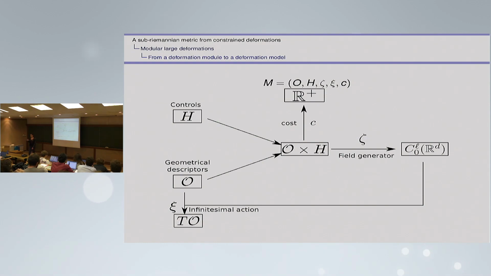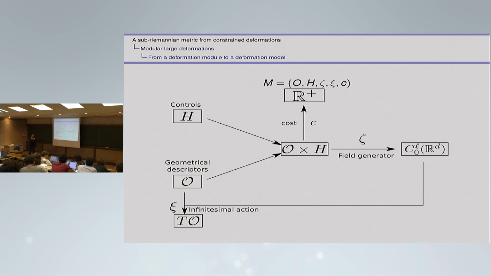If we want to build large deformations with deformation modules, we will consider trajectories of vector fields that can be generated by the field generator. So we suppose that we have a deformation module and we want to build modular large deformations. We do not have to specify now the trajectory of vector fields that we want to follow, but we have to specify a trajectory of geometrical descriptor and control, so that when we apply the field generator, we obtain a trajectory of vector fields, and then we want to integrate the flow.